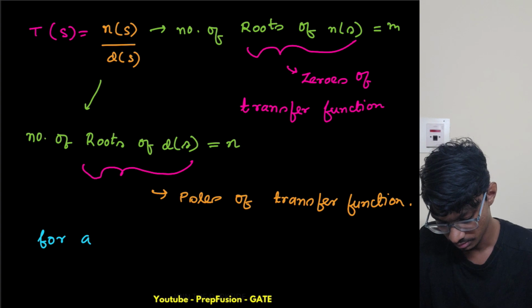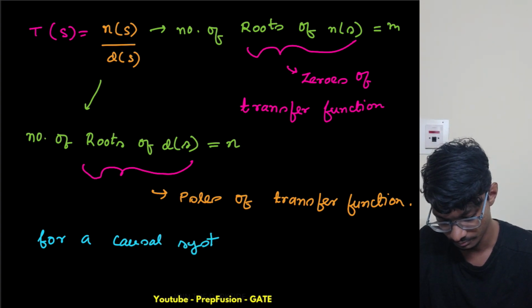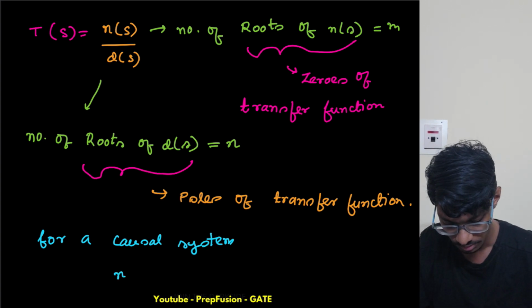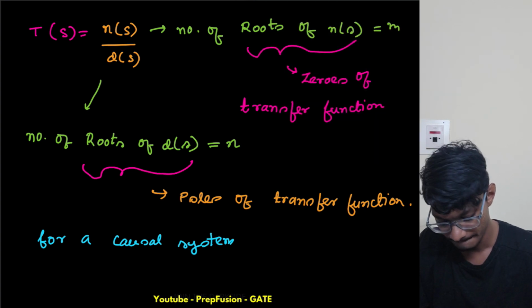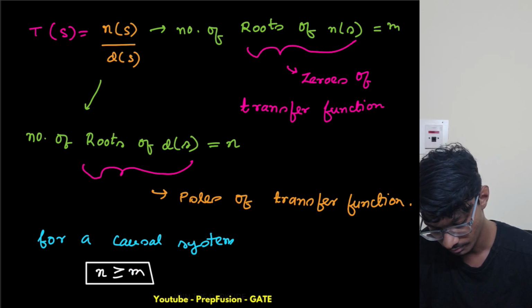You should always keep this in mind: for a causal system, n should be greater than or equal to m, right? So n should be greater than or equal to m.